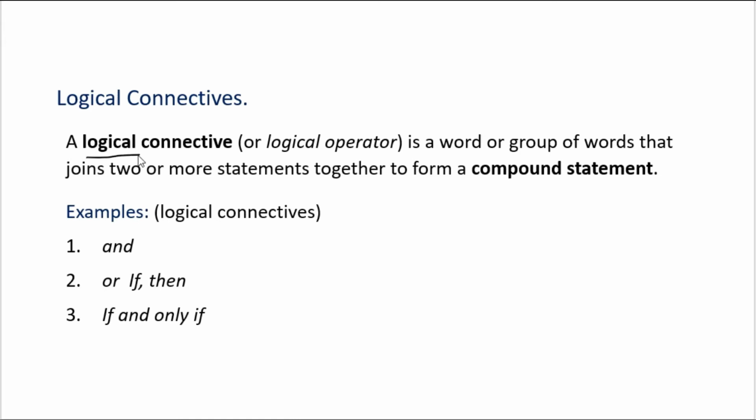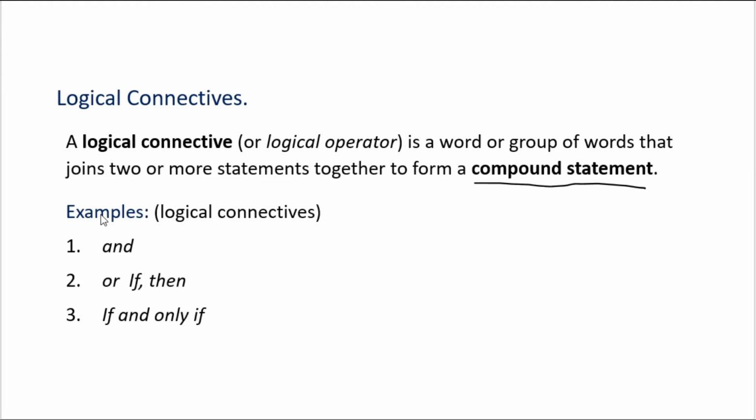A logical connective, also called a logical operator, is a word or a group of words that joins two or more statements together to form a compound statement. A compound statement is a bigger statement formed by joining two or more smaller statements by using connecting words.